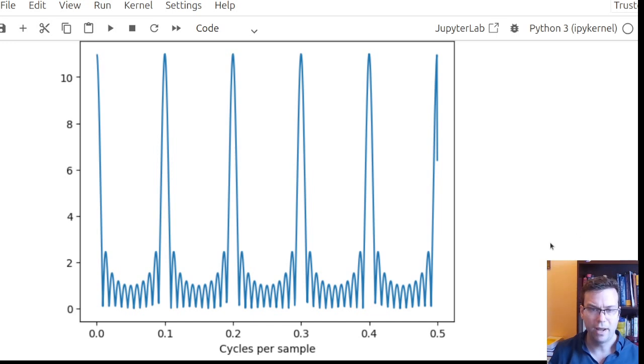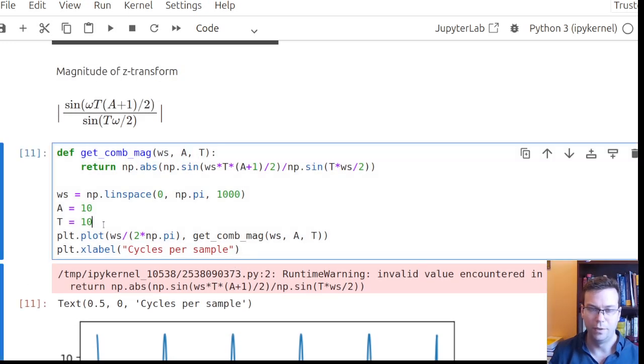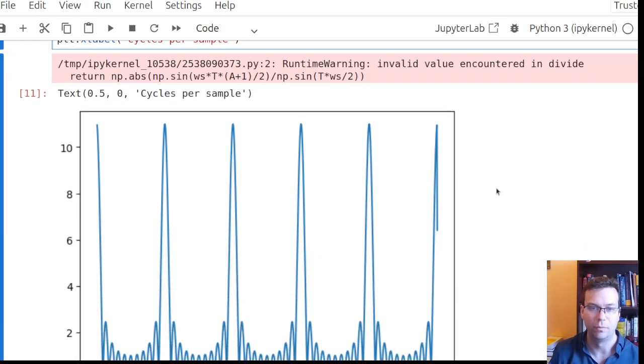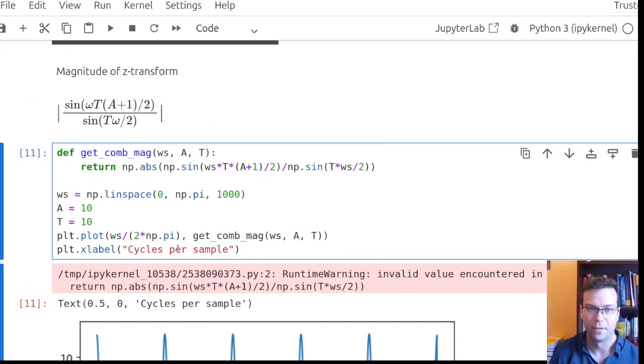Okay, so now it's a little bit clearer why this makes sense in this particular example. Because the spacing of the comb here was 1 every 10 samples. Well, that's a frequency of 1 over 10 cycles per sample. So we promote that frequency. We also promote the frequency at twice that, 3 times that, 4 times that, etc.